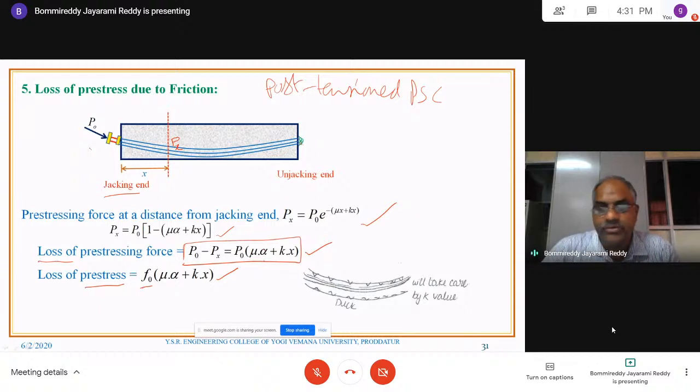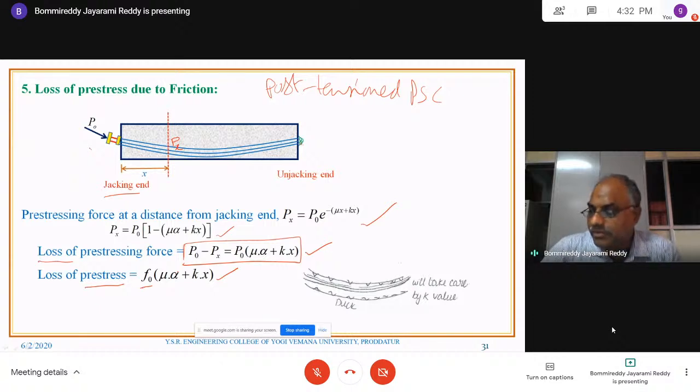If you understood how to calculate alpha, this computation of the loss is very simple. Because all other parameters are known, even F naught is known, mu given in the exam, K also given, X is also given, it is length of the beam or member. Alpha is the only parameter you need to calculate.